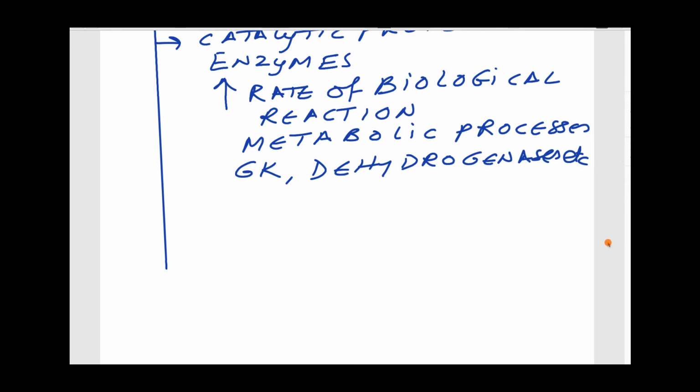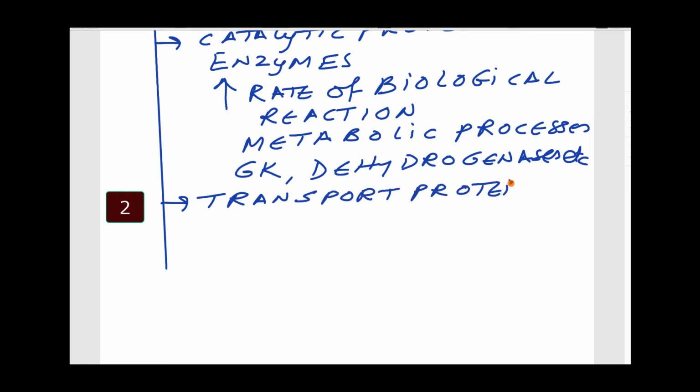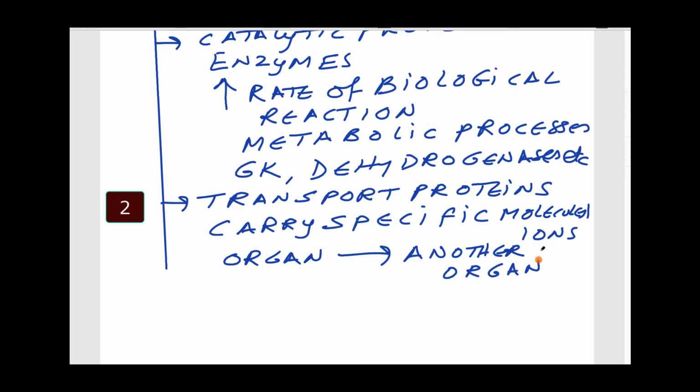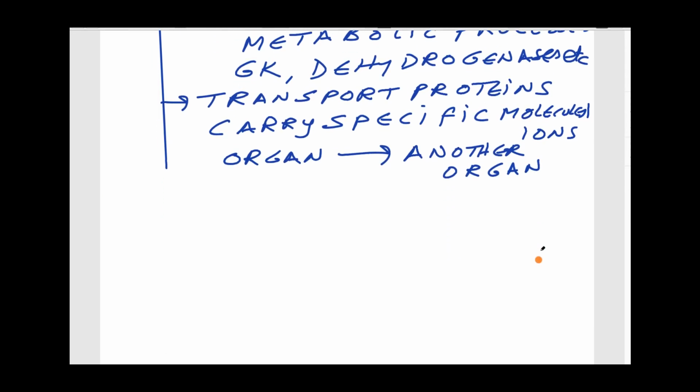The second one is transport proteins. Some proteins carry specific molecules or ions from one organ to another organ. Can we have examples? Yes, definitely. Hemoglobin carries oxygen and carbon dioxide.